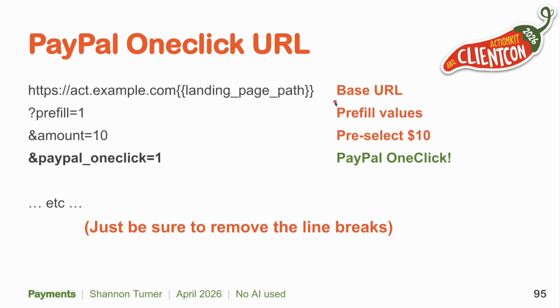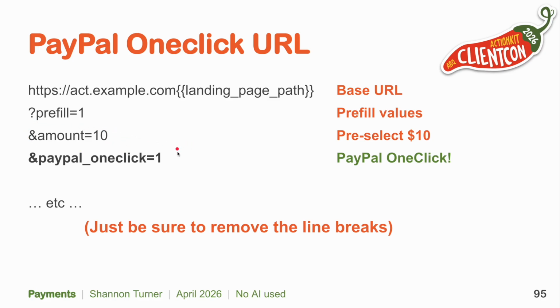So let's build a PayPal one-click URL that you can use in your mailings. This should look pretty similar to before. Here are the minimum URL parameters that you'll need to successfully make a PayPal one-click link. First, we always use prefill equals 1, and you have to pre-select the amount that you want users to donate in the link.